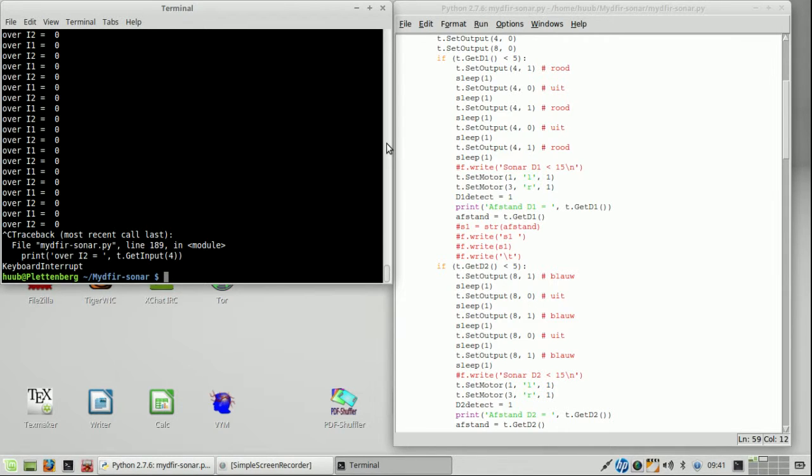So what I'm going to do now is take one out of it and put it back. Those are two connectors. Right.